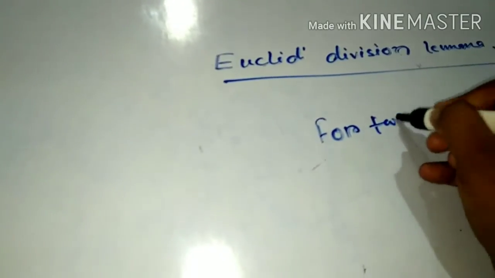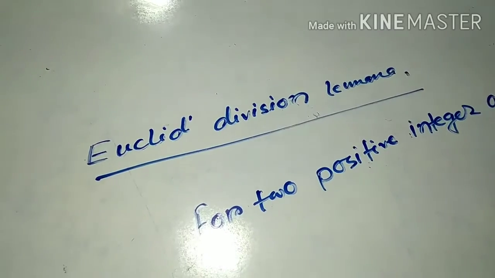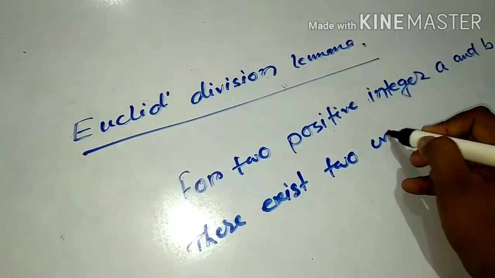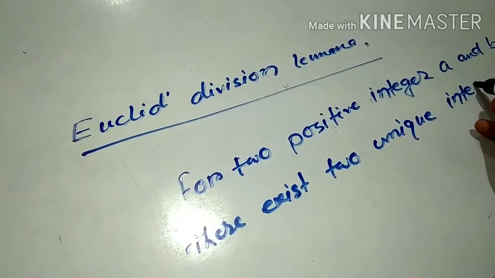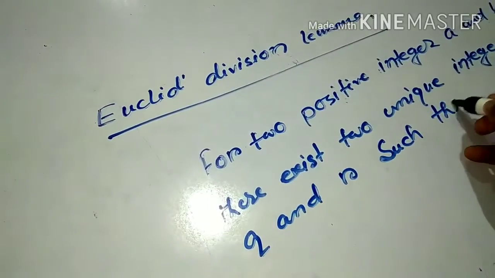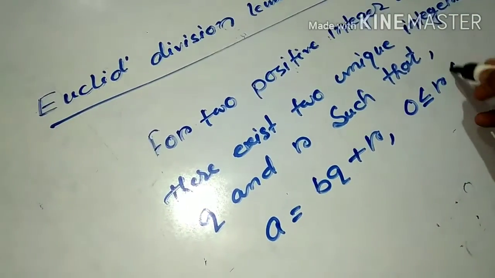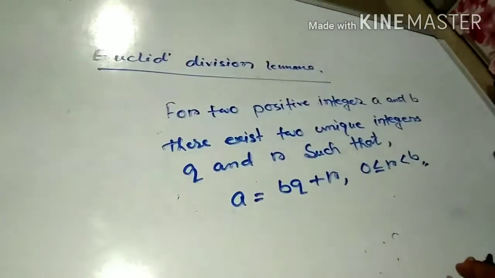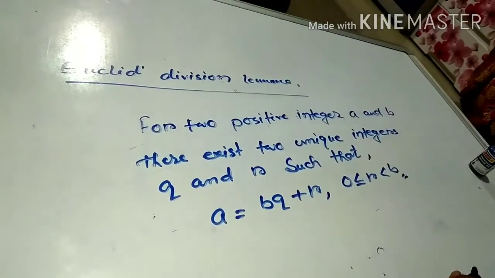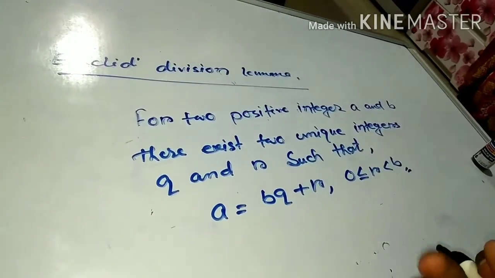Statement: for two positive integers a and b, there exist two unique integers q and r such that a is equal to bq plus r, where 0 less than or equal to r less than b.